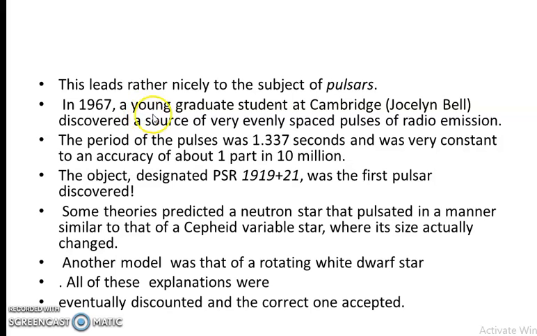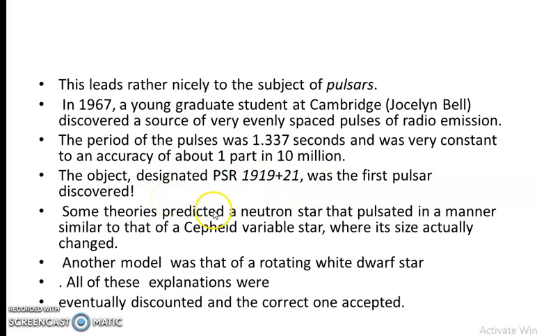So in 1961, a young graduate student at Cambridge discovered very evenly spaced pulses of radio emission, and the period of the pulses was about 1.337 seconds. This object was designated as PSR 1919 and was the first pulsar discovered.